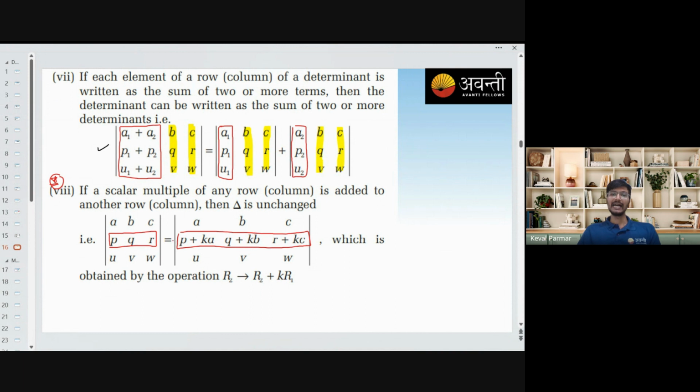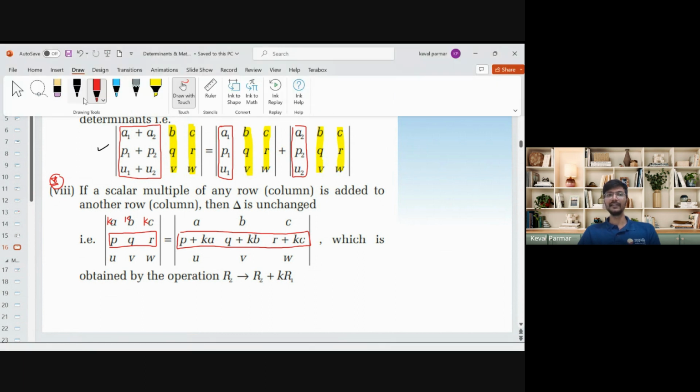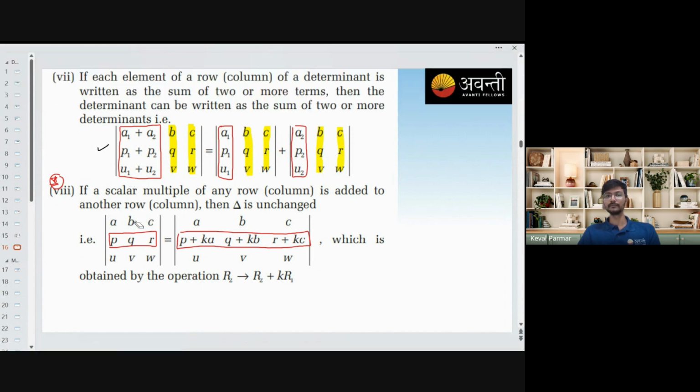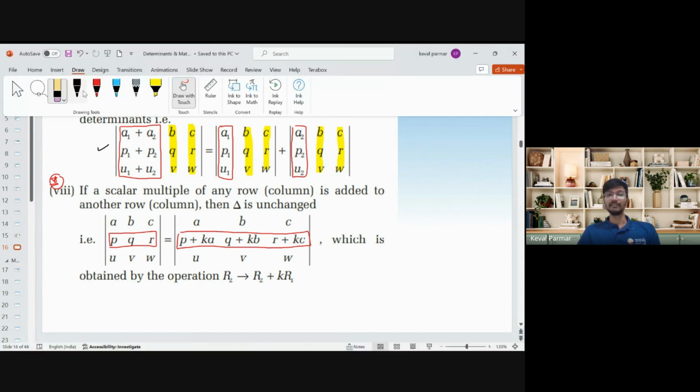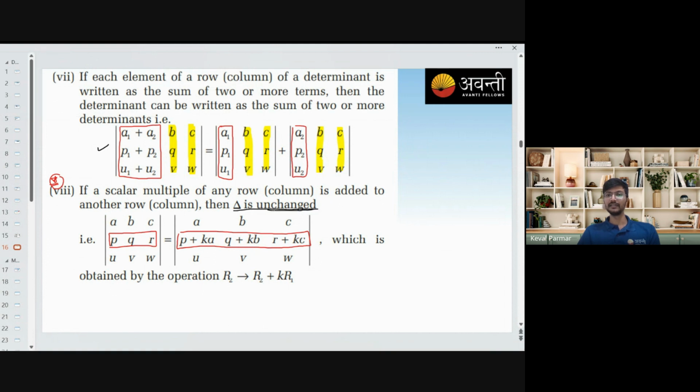That means I added KA, KB, and KC to the second row in P, Q, and R, respectively, the value of the determinant is unchanged. This does not change the value of the determinant. Correct, guys?